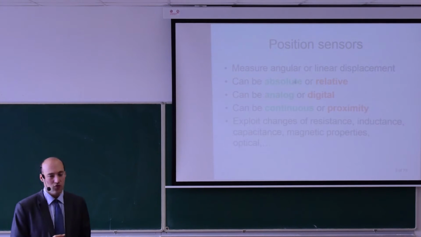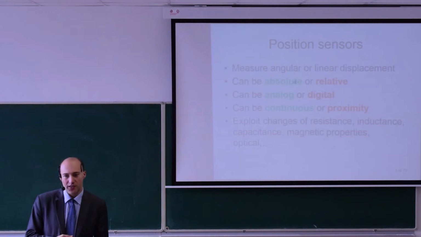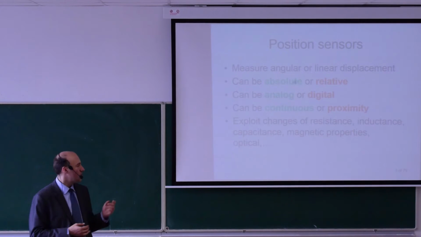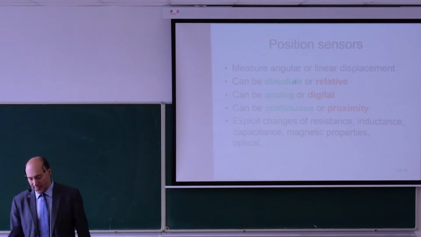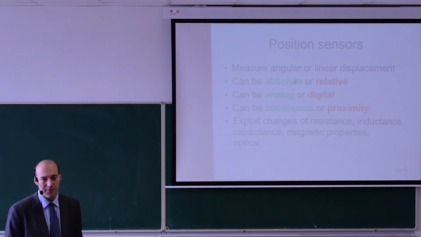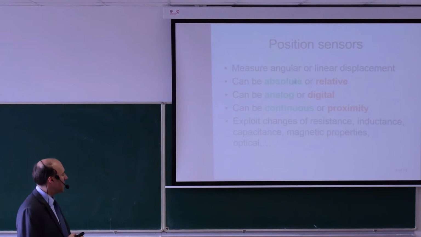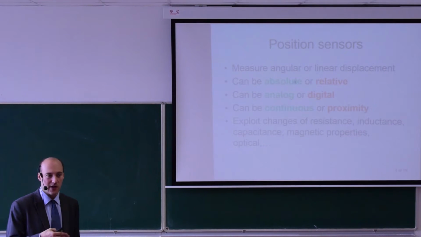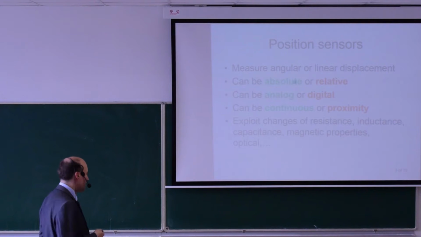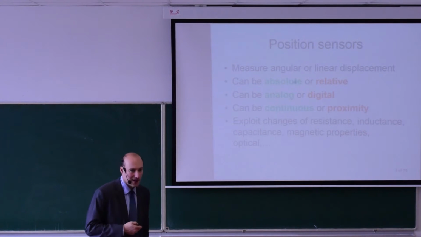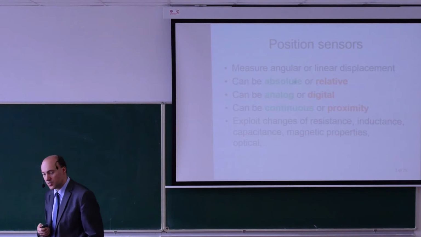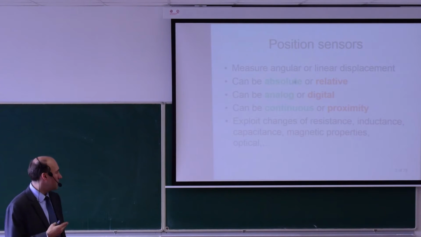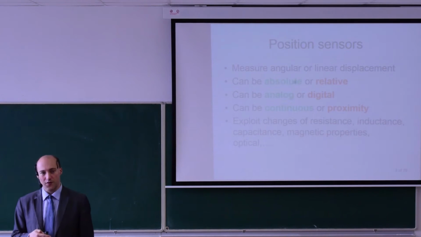I don't need to measure how far the object is from the sensor. So proximity sensors only detect the presence of the object, and the signal is only 1 or 0: signal is there, signal is not there. Proximity sensors are typically less expensive than continuous sensors, and we'll also see some examples of applications.